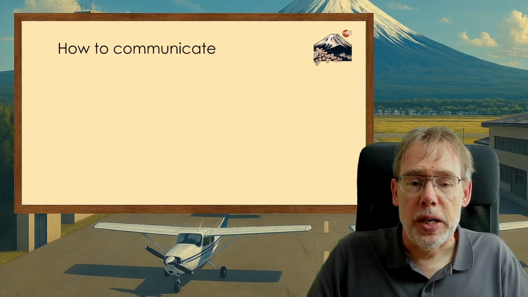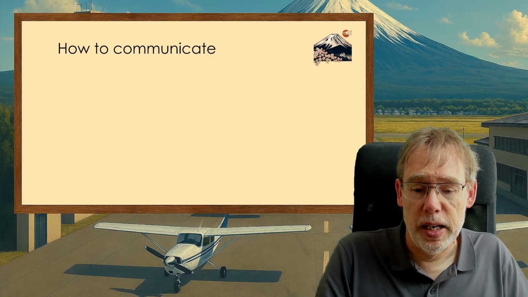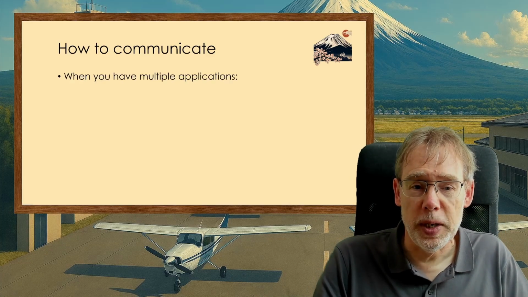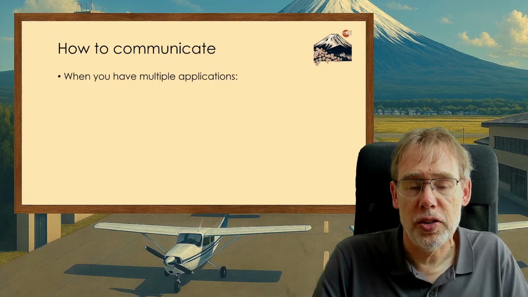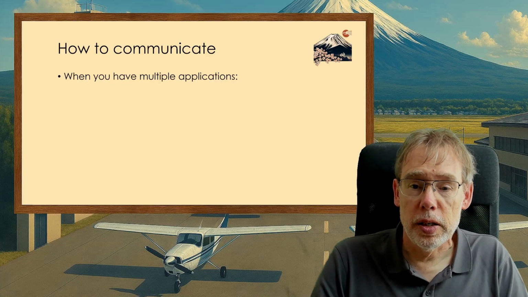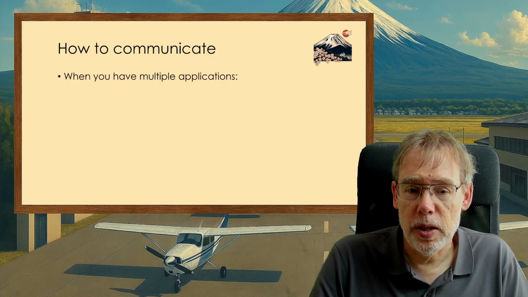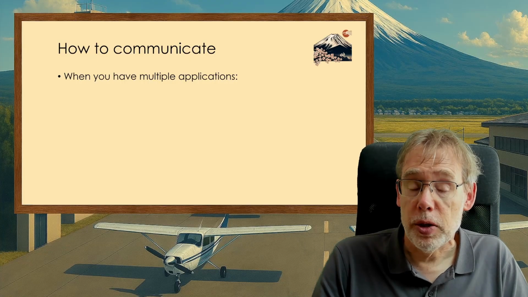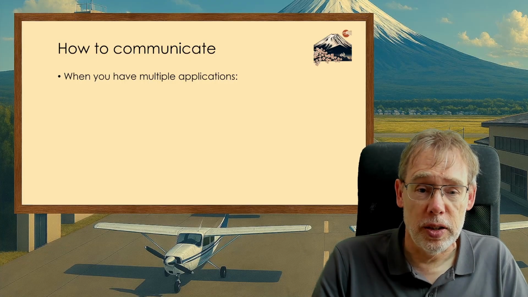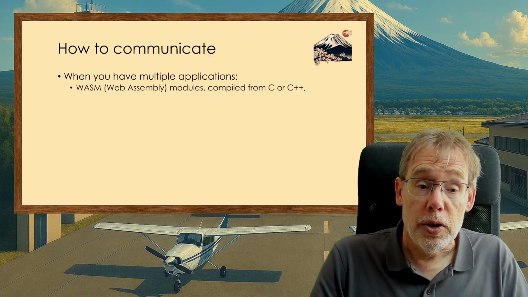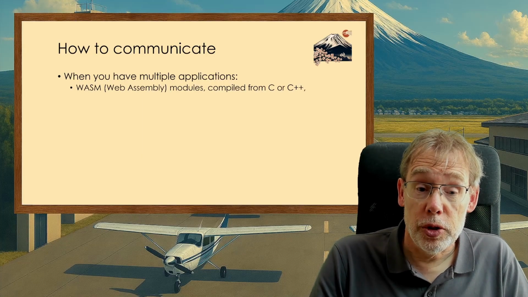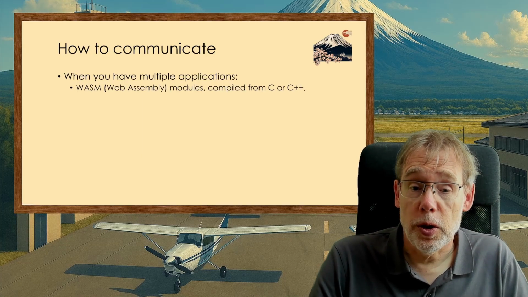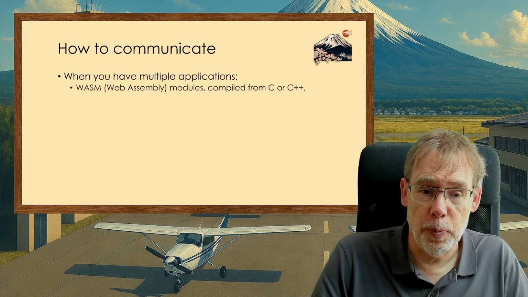So this is all about how to communicate between different applications that all of them are working within or without of Microsoft Flight Simulator, because we've got lots and lots of options there. We could have a WASM module, which is compiled from C or C++.